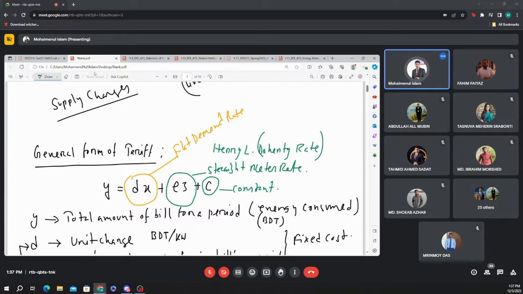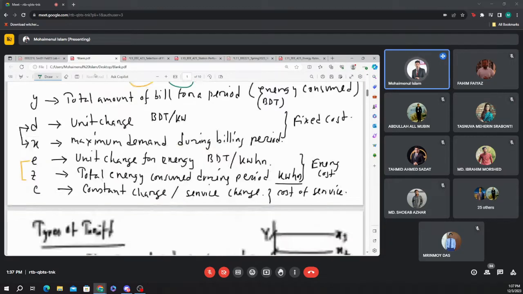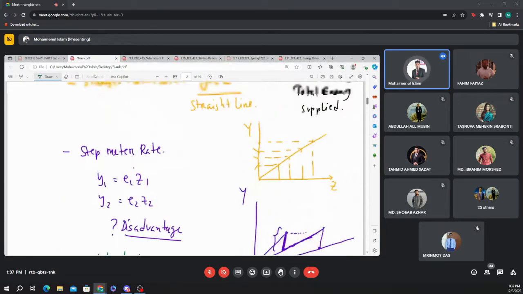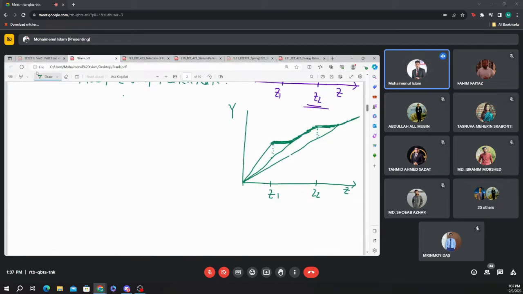So sometimes this general form of tariff is called three-part tariff. So that Doherty rate or the three-part tariff is the final part of our different rate types. There are so many other rates, but I will stop here.